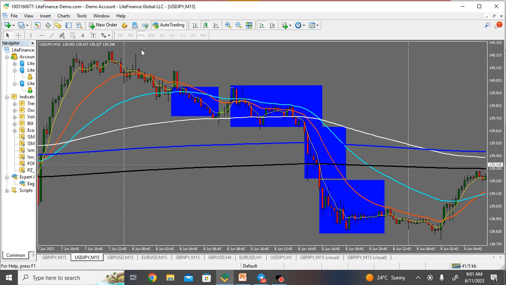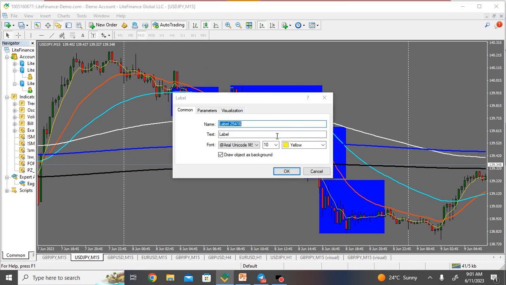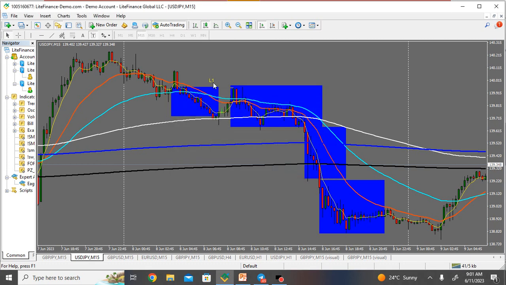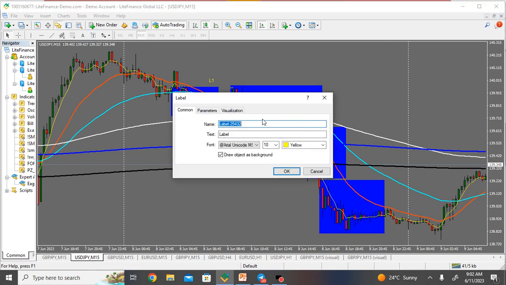So in counting, this is level 1, this one, and then this was the consolidation of level 1.